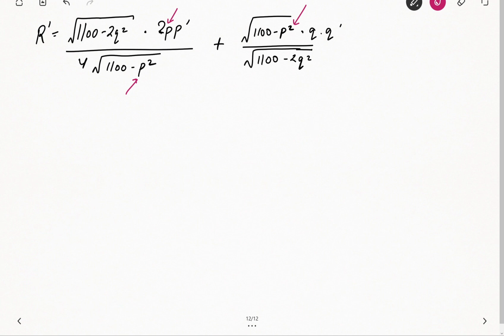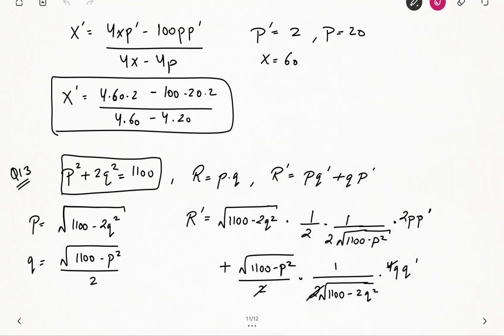But if you look at q prime that I figured out before, so if this was q, then this piece here represents q prime. So what we can do here is simplify this expression a bit and just replace it over there.